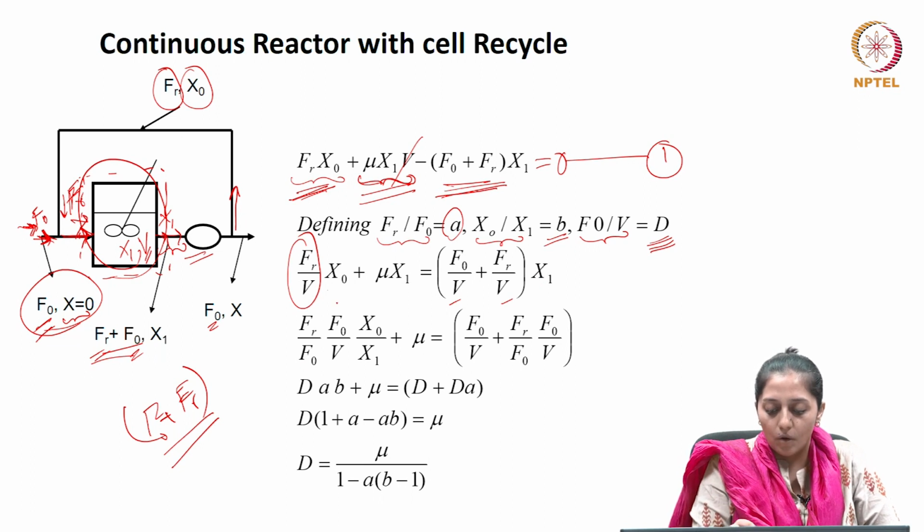Now all these have been brought in the form of F0 by V. F0 has been multiplied and divided in the first term, and this has then been replaced as D.